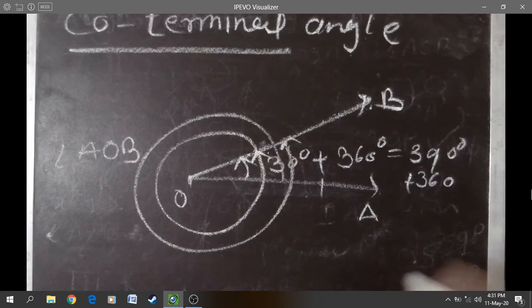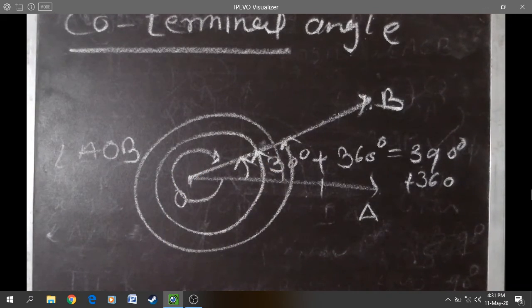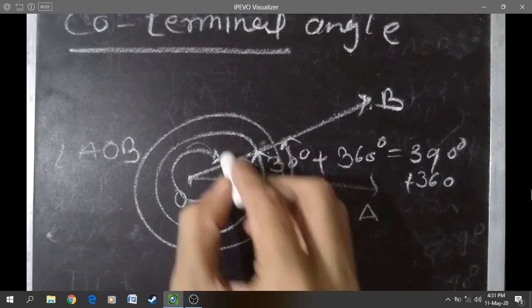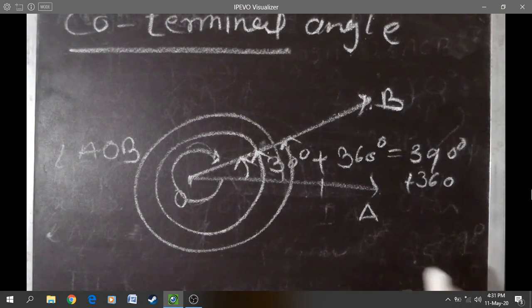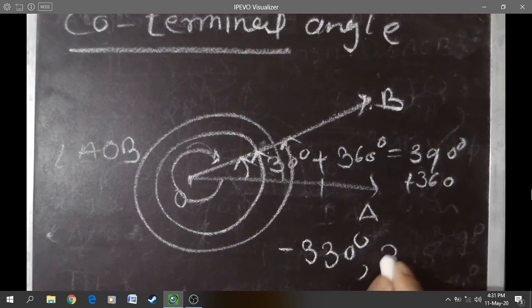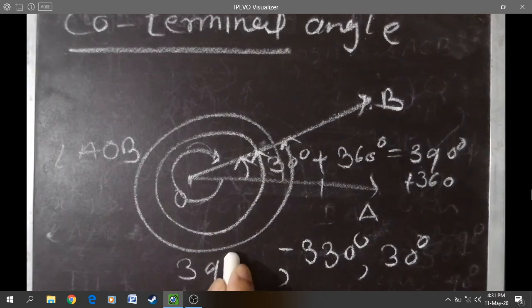Maybe they have a clockwise direction. So when it has a clockwise direction, what is it? It's minus 330 degrees. So 30 degrees, minus 330 degrees, plus 390 degrees.